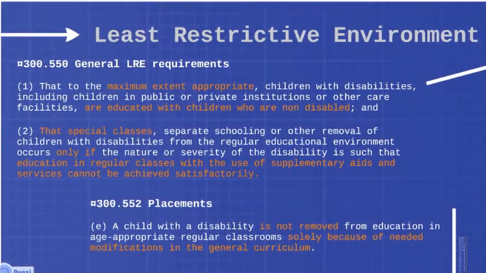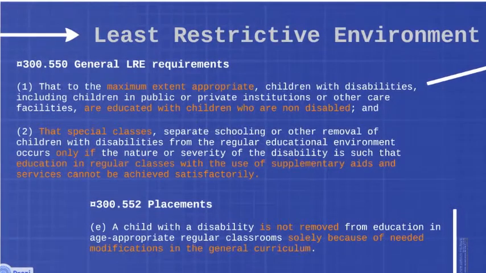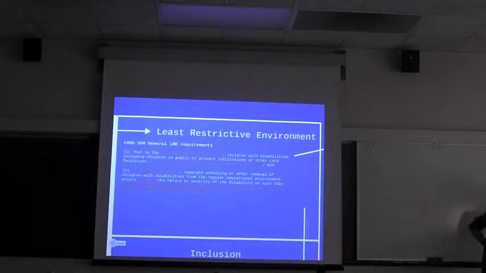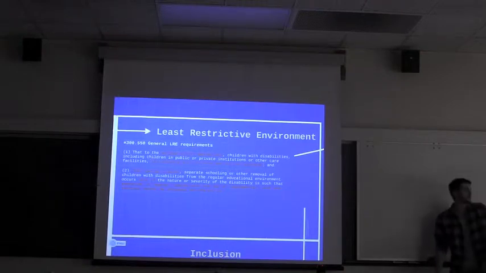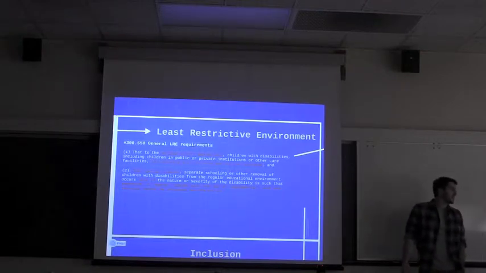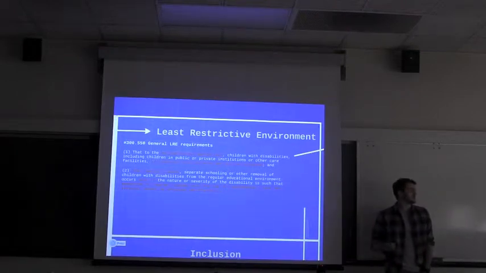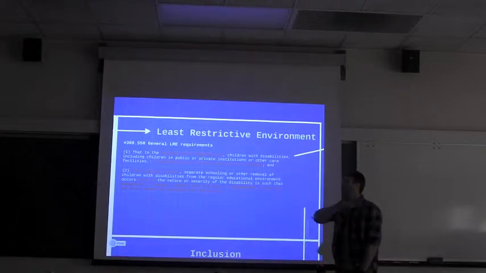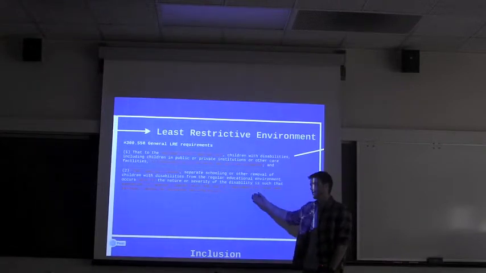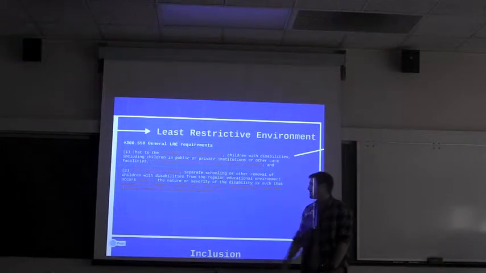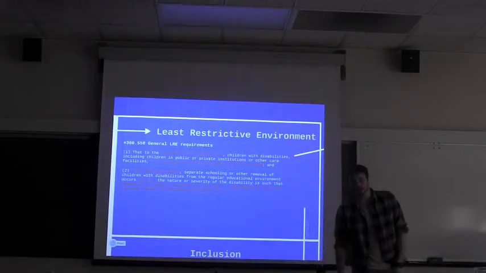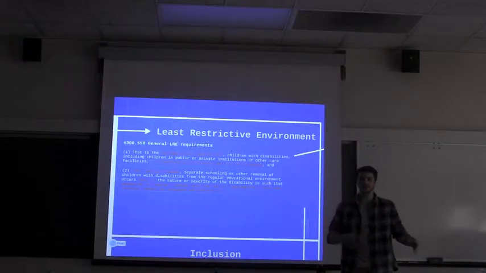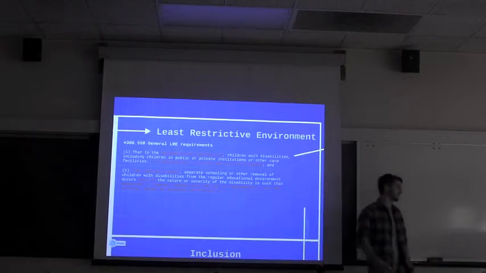It goes even further, saying that special classes, separate schooling, or other removal of children with disabilities from the regular educational environment occurs only if the nature or severity of the disability is such that education in regular classes with the use of supplementary aids and services cannot be achieved satisfactorily. So the only way that a child is removed from the general education environment is if their needs aren't being met with aids and supplementary services in a general education classroom.